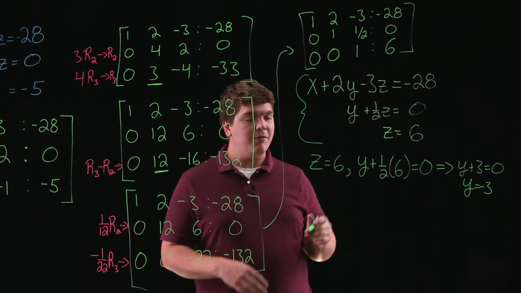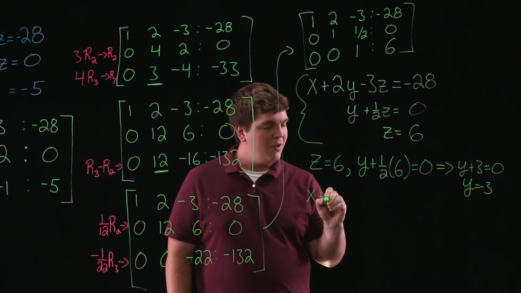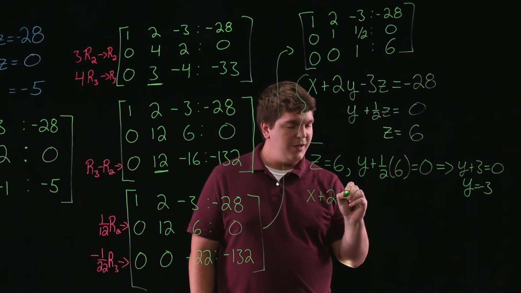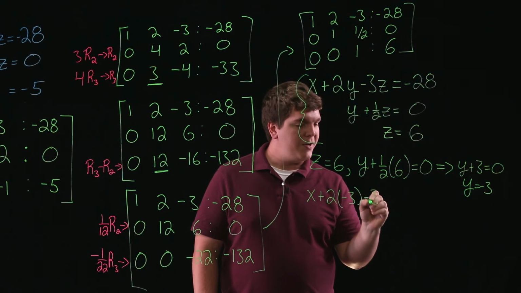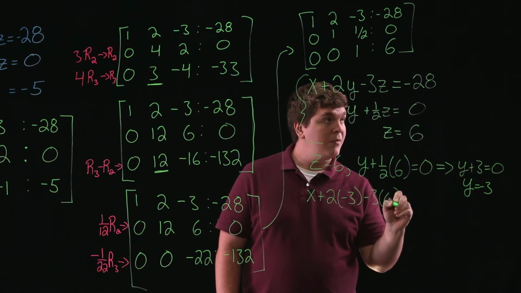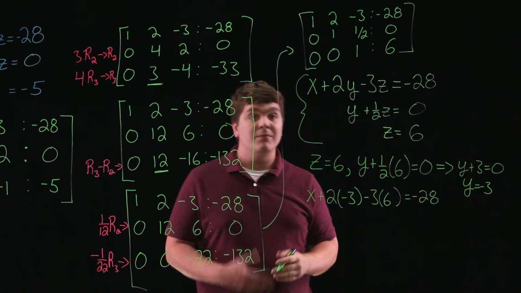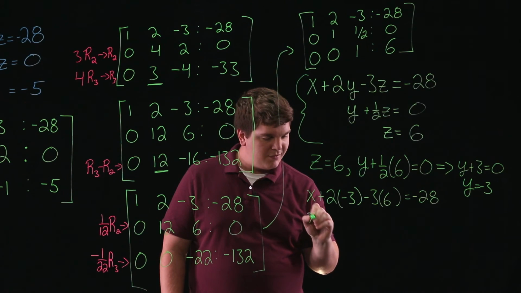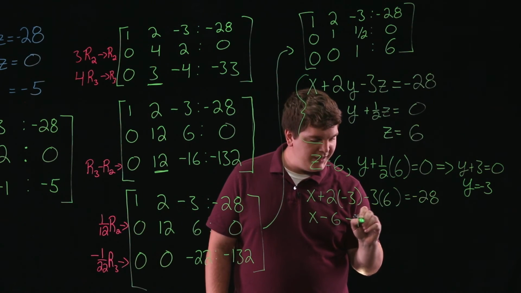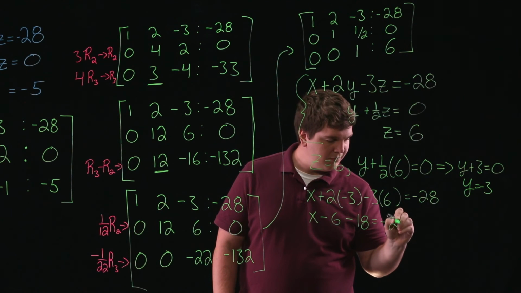Now that we have both y and z solved for, we can substitute this back into the first equation to solve for x. The first equation says that x plus 2 times y, which we just found to be -3, minus 3 times z, which we said was 6, is equal to -28. Simplifying, we have x minus 6 minus 18 is equal to -28.